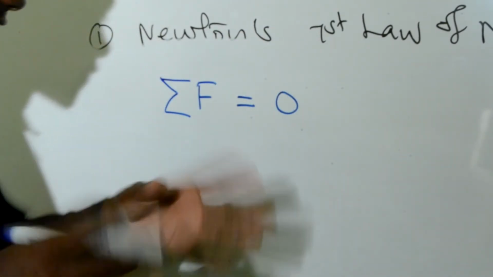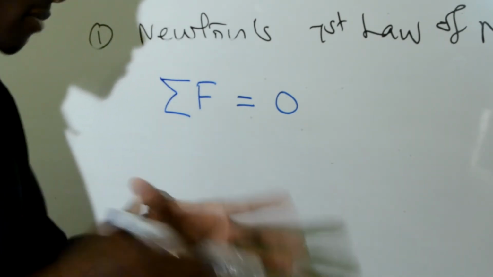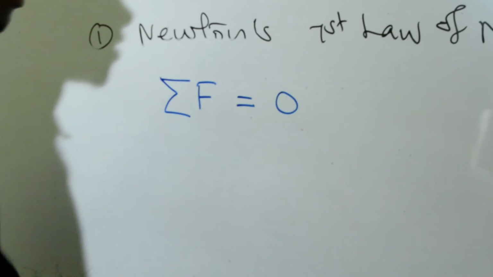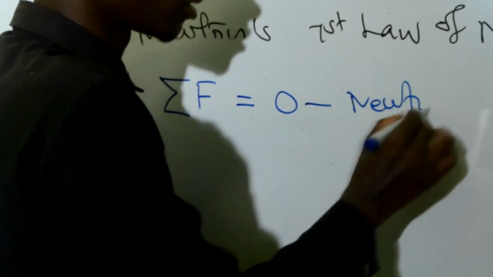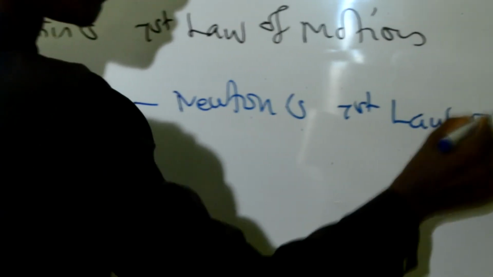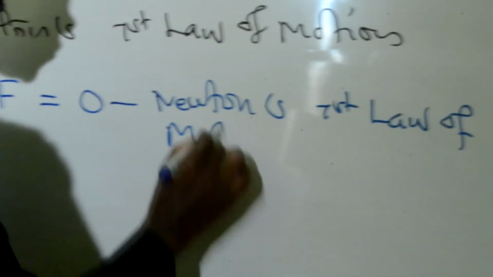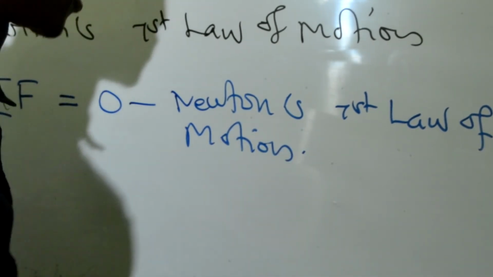So the net force, the equilibrium force acting on the body, is equal to 0. This is Newton's first law of motion.